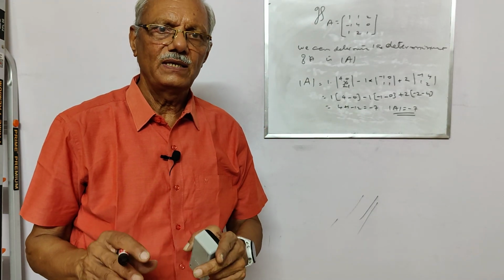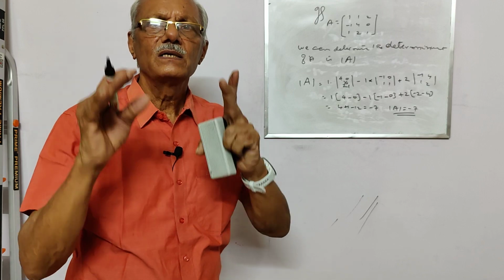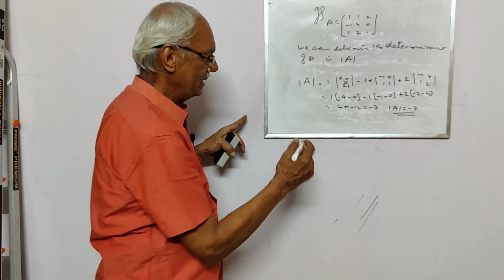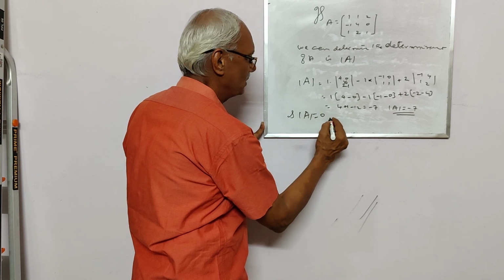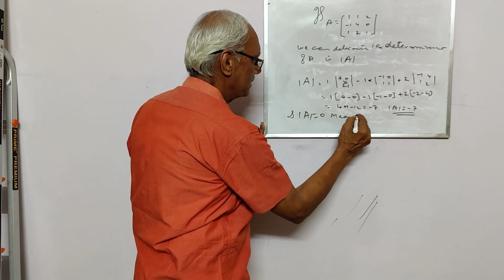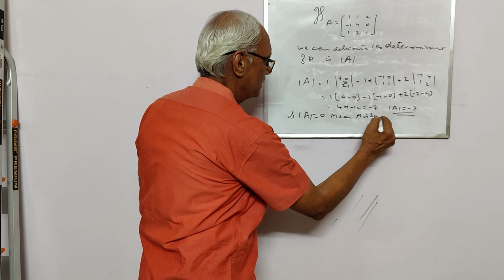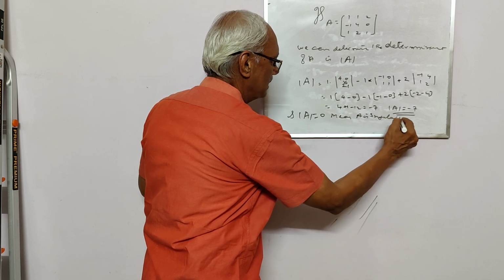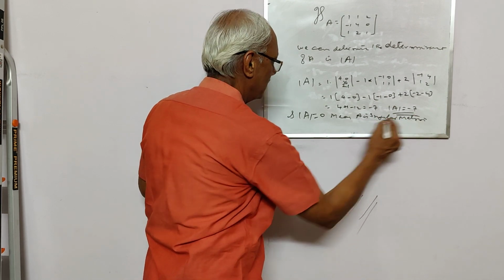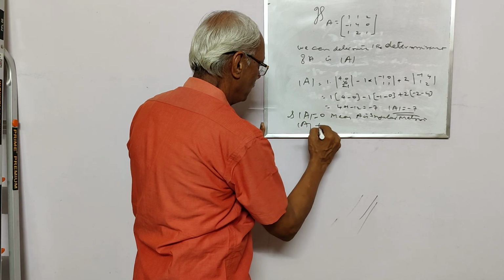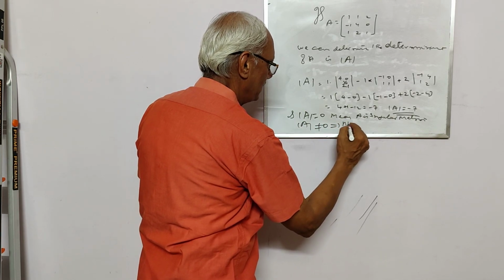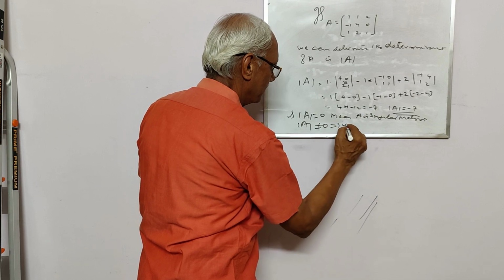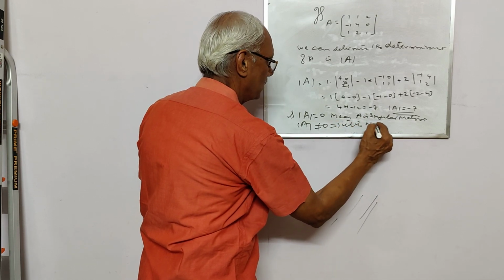This is how we find the determinant value of a square matrix. And modulus of A equal to 0 means A is a singular matrix. Modulus of A not equal to 0 implies it is non-singular.